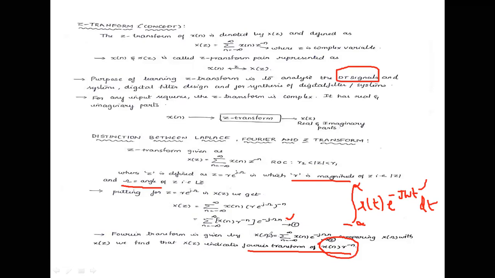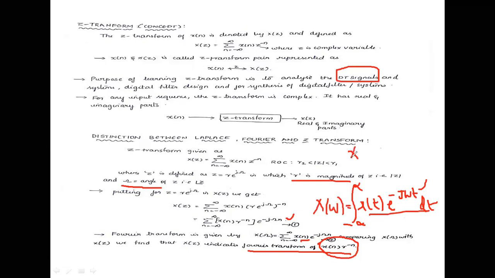So the Fourier transform is also represented here with a sum, because the signal I take is a discrete time signal. Here it is continuous, so you can apply the integral. Whenever you take a discrete time signal, you can apply the sum in the Fourier transform equation.